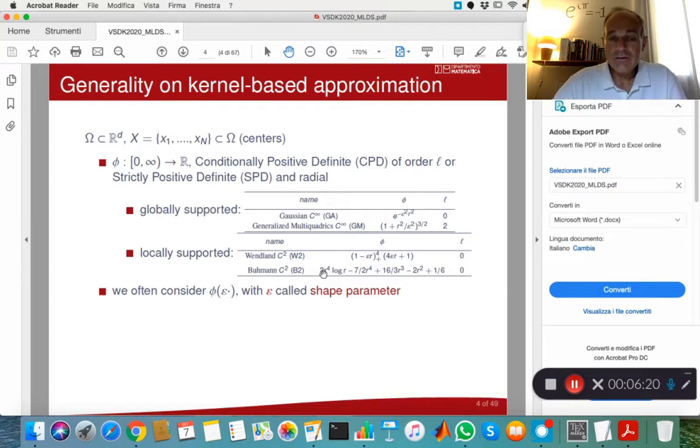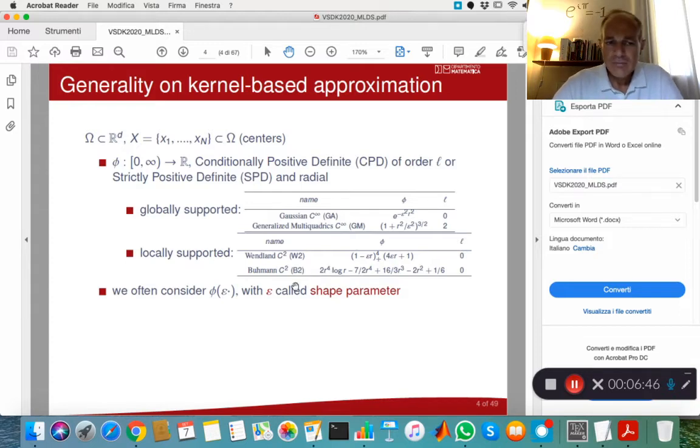Another function is the so-called Buhmann function. The Buhmann function, unlike the Wendland, has, besides a polynomial part, a logarithmic part that you see here, and it is again a C2 function. So there is a polynomial part in r and then there is the logarithm part, which makes this function particularly interesting.